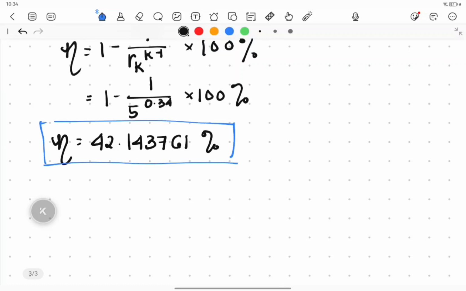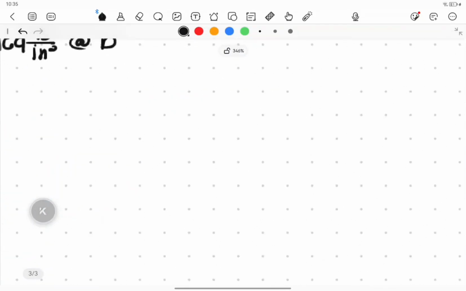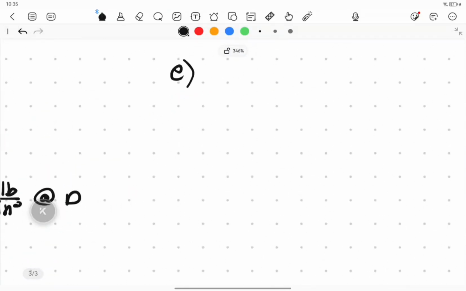And finally, for the last unknown, we have to get the mean effective pressure.